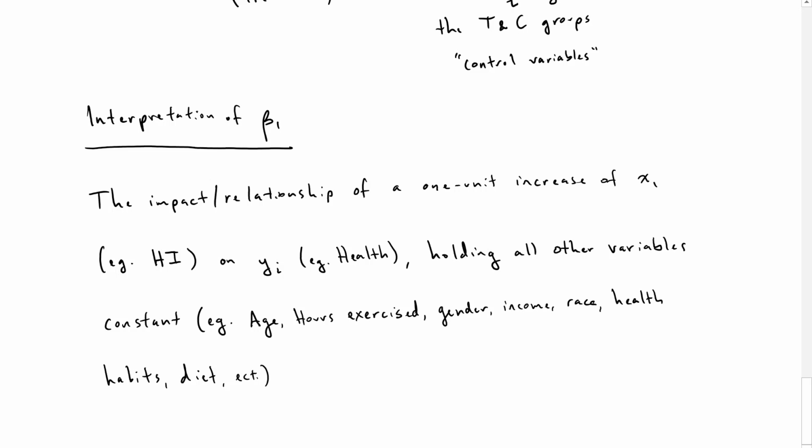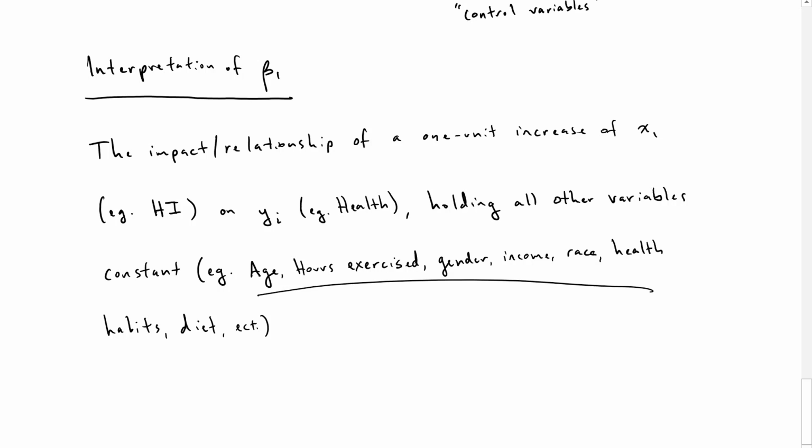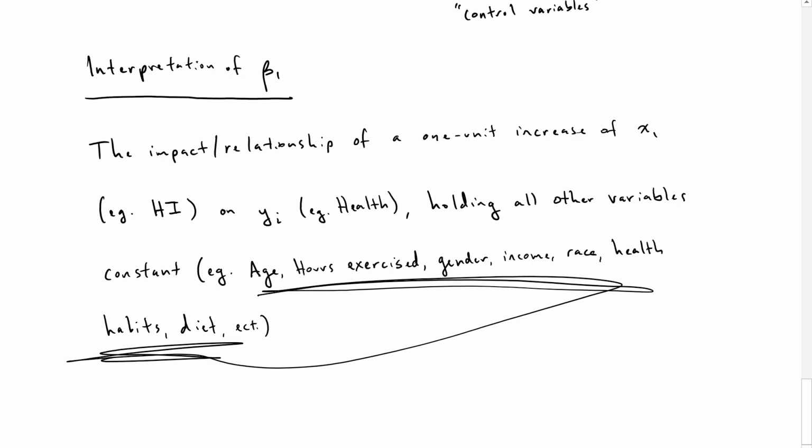What we're doing is essentially holding all of these things constant so that when we're making a comparison, everything is equal except for whether or not somebody has health insurance.